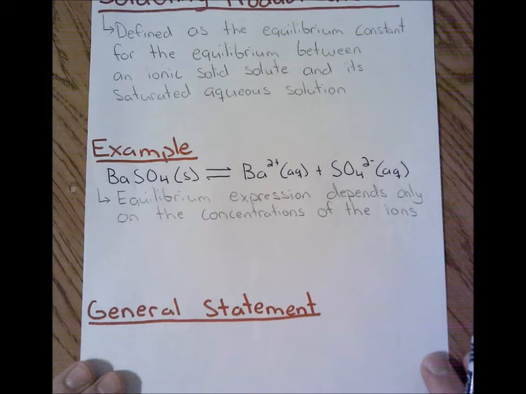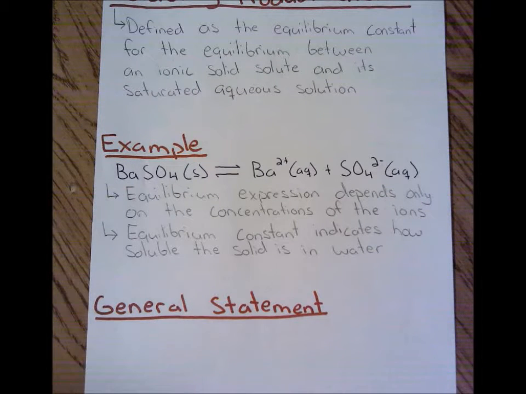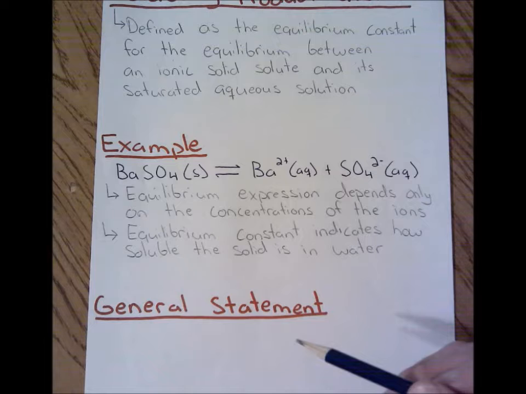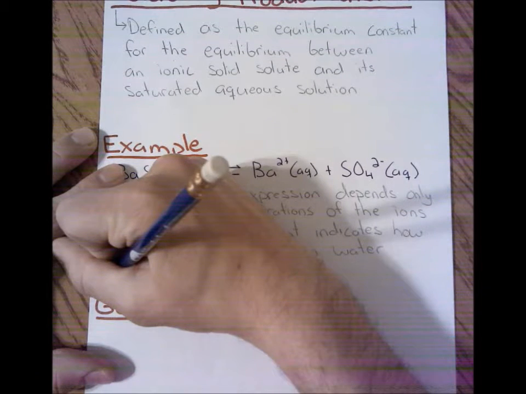The other thing is this: the equilibrium constant indicates how soluble the solid is in water. Indicating how soluble it is in water tells us how much is dissolved, which relates back to that solvation process.